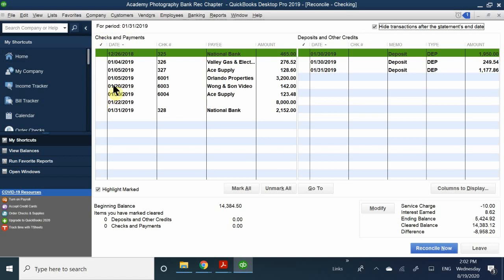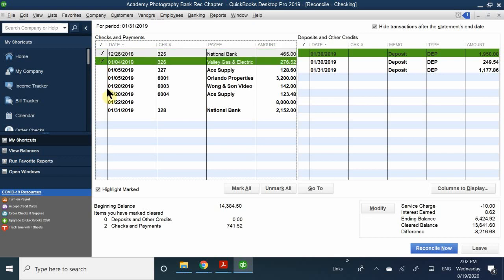In the bank statement, you've got check number 325. 325 right here. Yeah. And what you're going to do is check mark this box. Okay. All right. 326. 326. Now, let's pause there for a second. I want you to go ahead and look at the bottom over here.